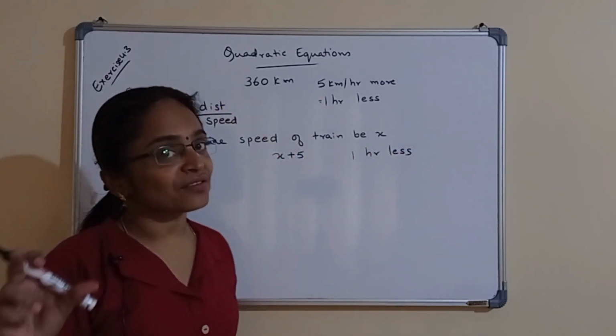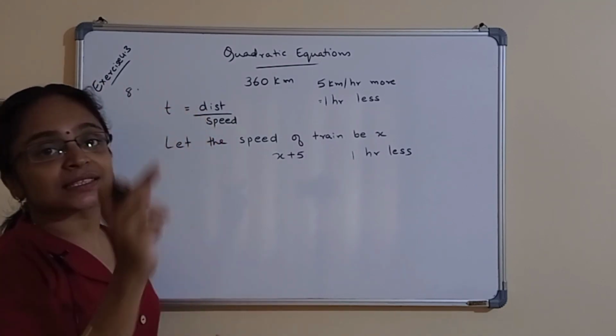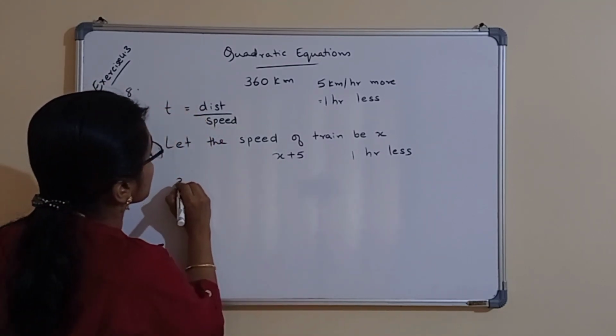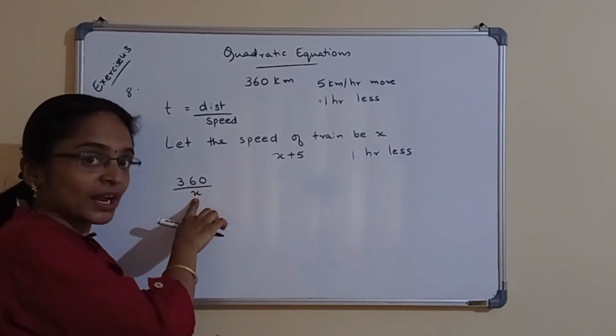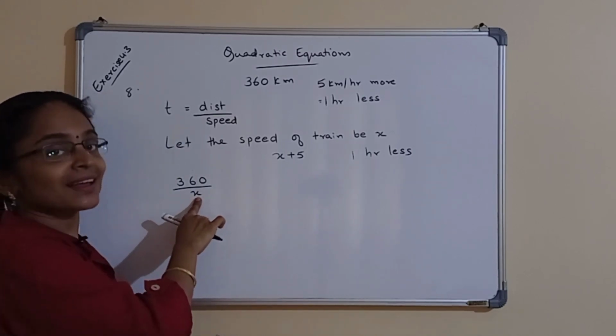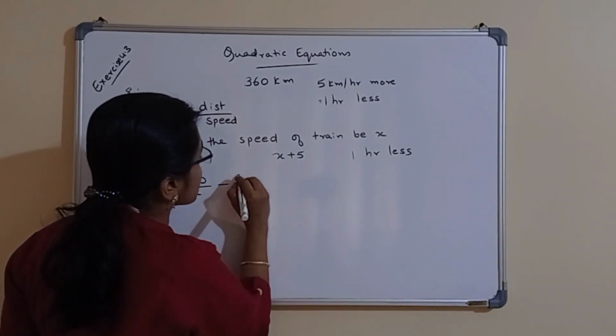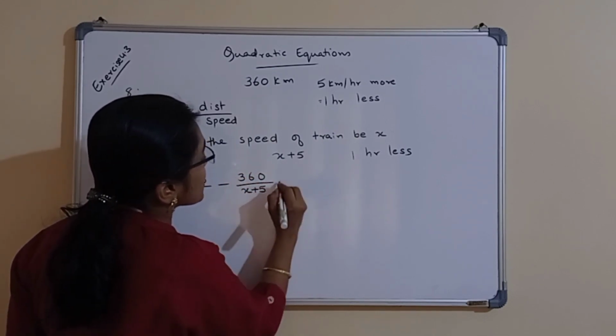So from that we have to find the speed of the train, and time is equal to distance by speed. So 360 by x, it is taking more time. So 1 hour more it is taking if the speed is x. So 360 by x minus 360 by x plus 5 is equal to 1.